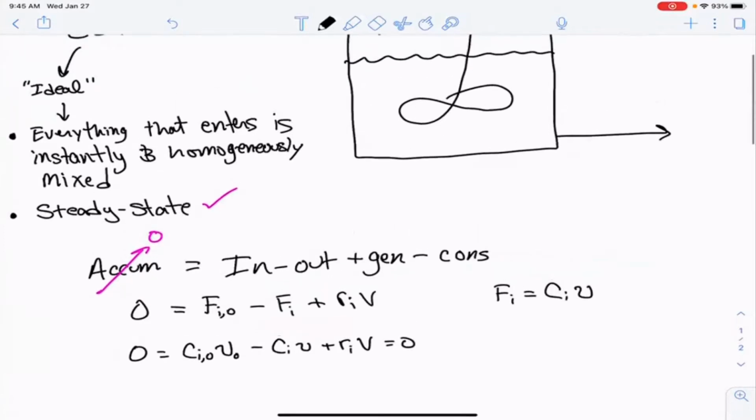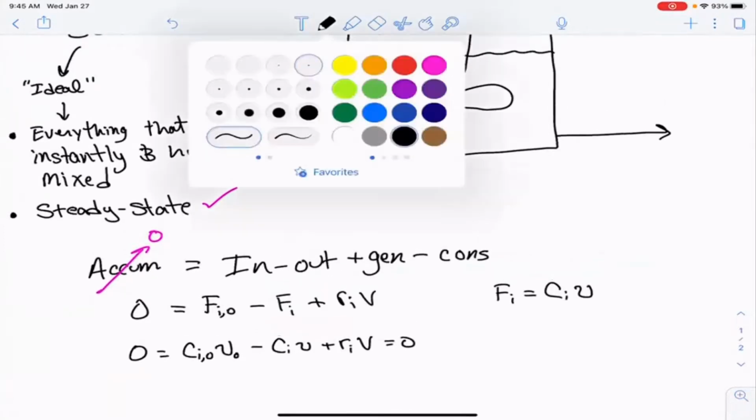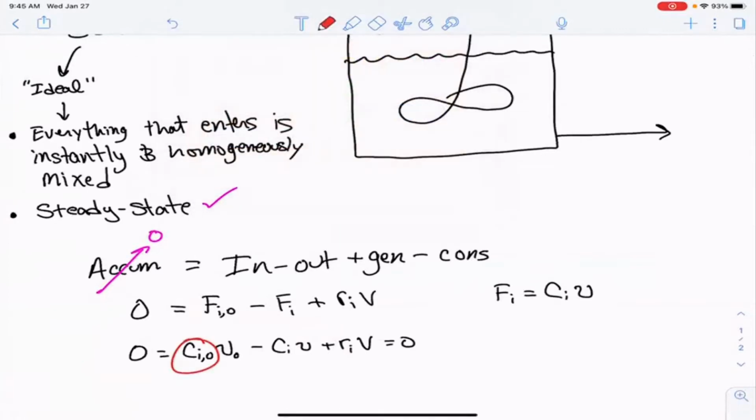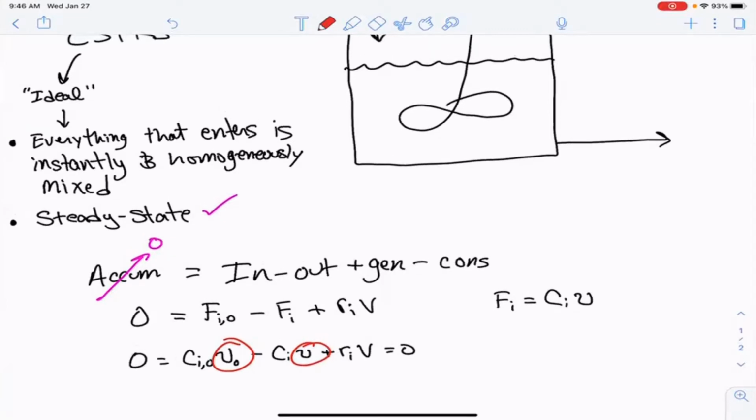Now, you might think, why do these two volumetric flow rates not have to be the same? Because we are saying that the reactor is going to operate at steady state. And you might think initially that if that's true, those two have to be equal to each other, because if they weren't, the volume of the reactor would increase over time.